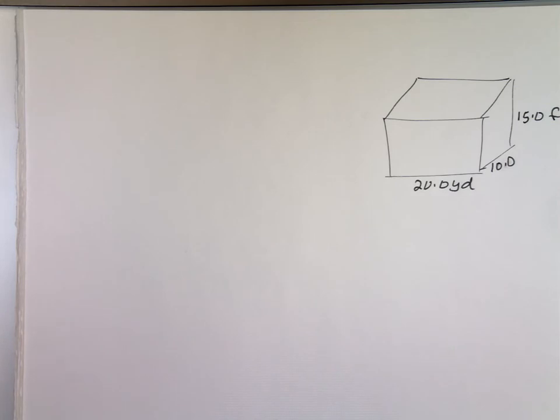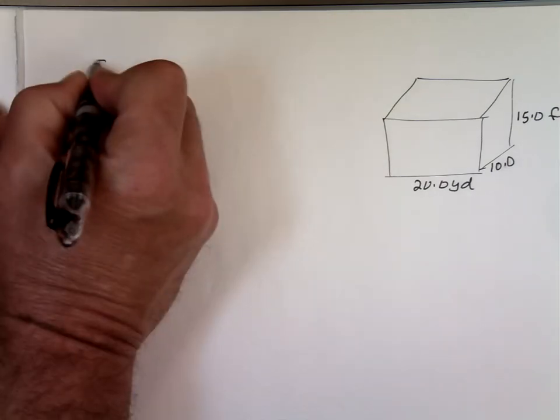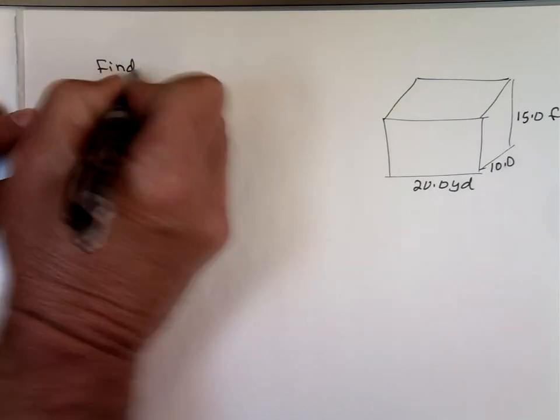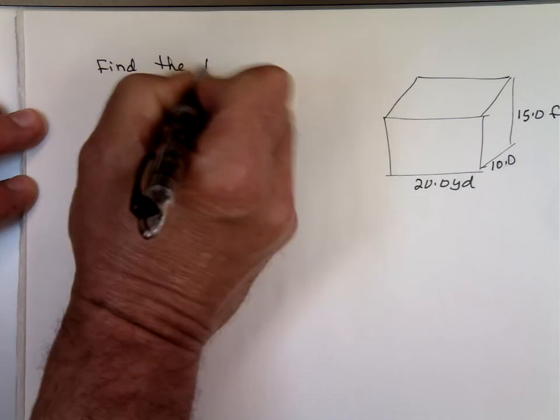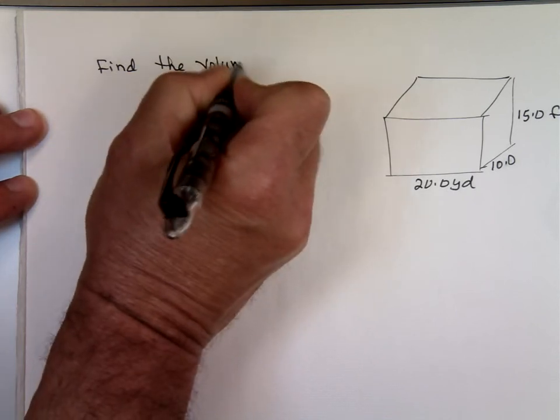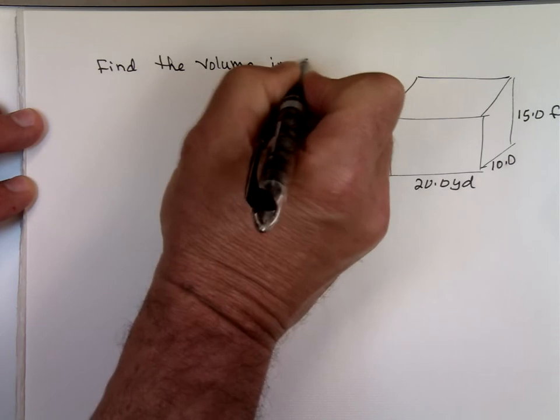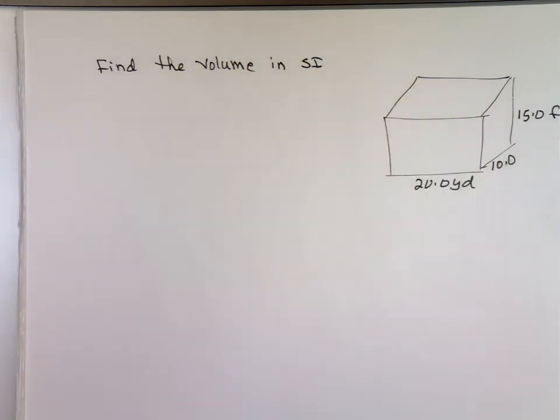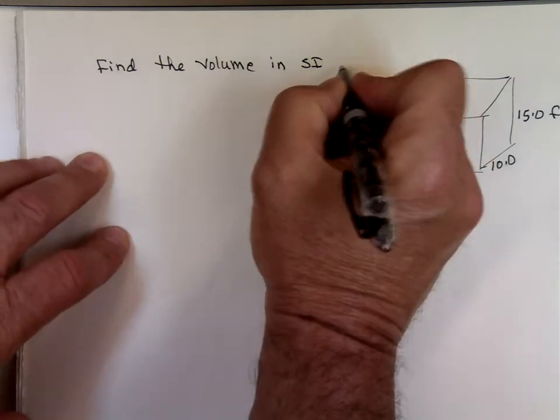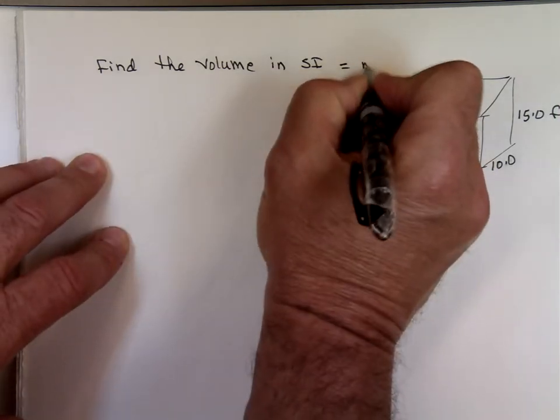Find the volume in the standard SI unit. That means cubic meters, because that's a volume. So really meter cubed is what I need to know. What is the volume in cubic meters?